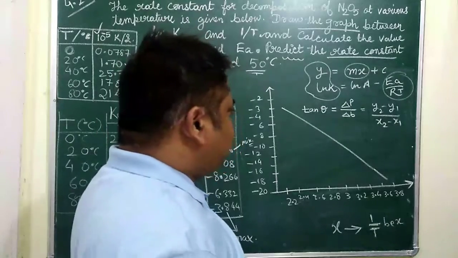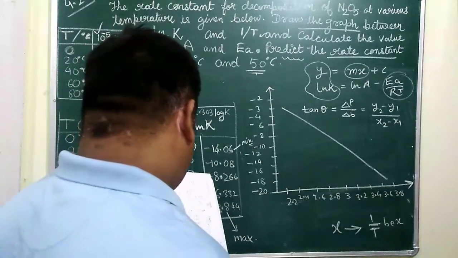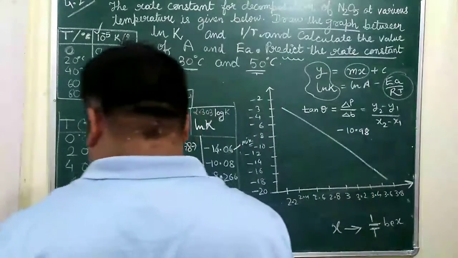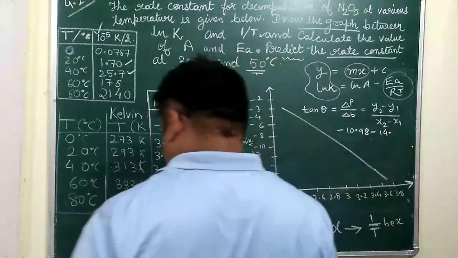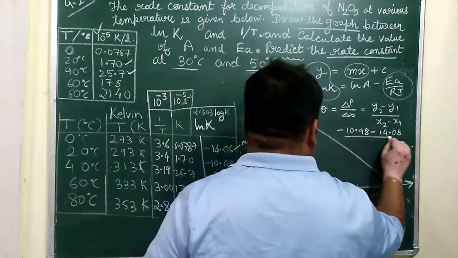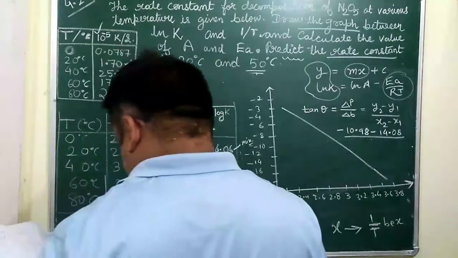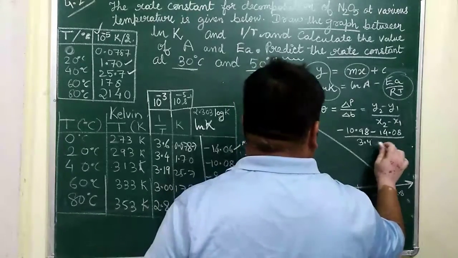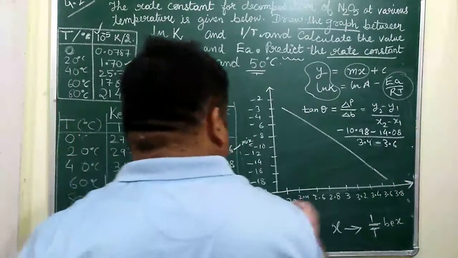If you draw this curve on a graph paper, then y2 you will get as minus 10.98 and y1 as minus 14.08, divided by 3.4 minus 3.6 into 10 to the power 3.